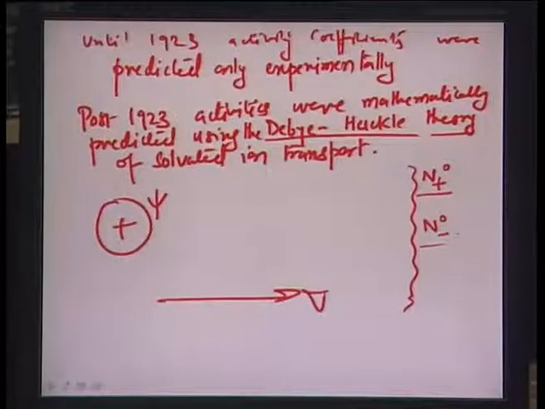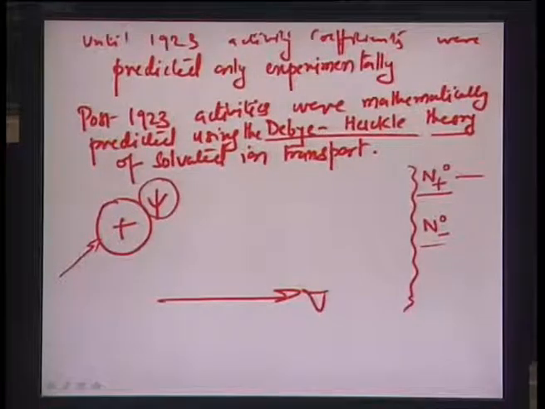So, essentially we are talking about there is an ion of interest here, as you see in this particular case there is a potential very close to that ion, and there is a distribution of positive and negative ions at a distance infinity from this central positive ion of interest. Okay.